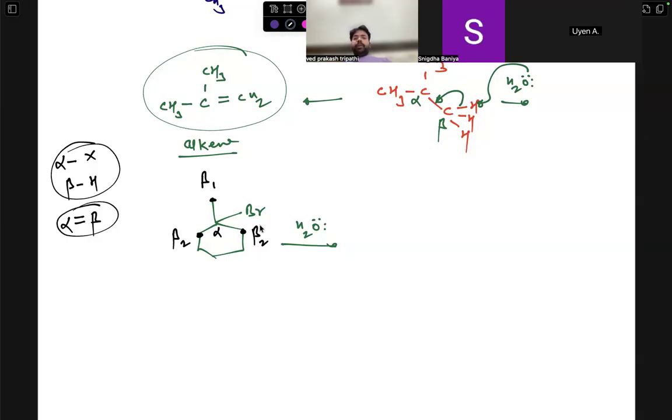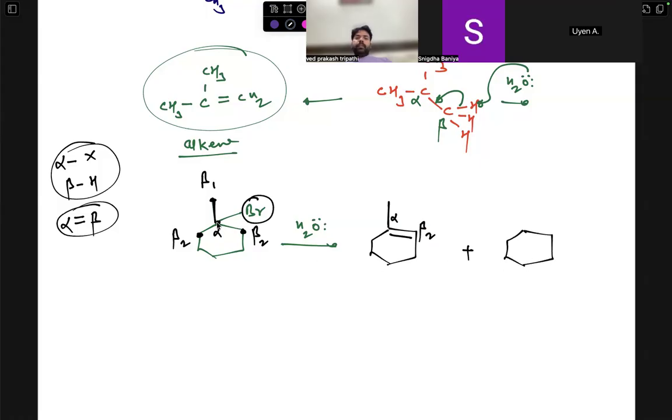So we have two different kinds of beta, so we have two different alkenes. The first alkene would be between either alpha and beta 1 or alpha and beta 2. Suppose we are going to remove the bromine and a hydrogen of beta 2, any of the beta, right or left. So it would be a double bond between alpha and beta 2 and this beta 1 carbon would remain the same. There is another possibility.